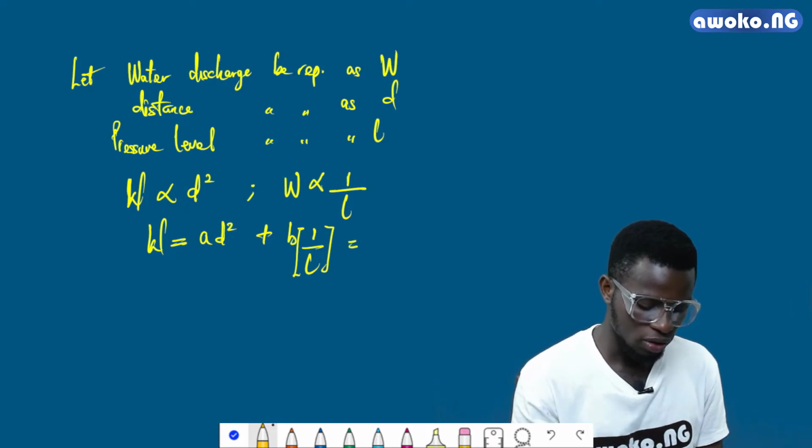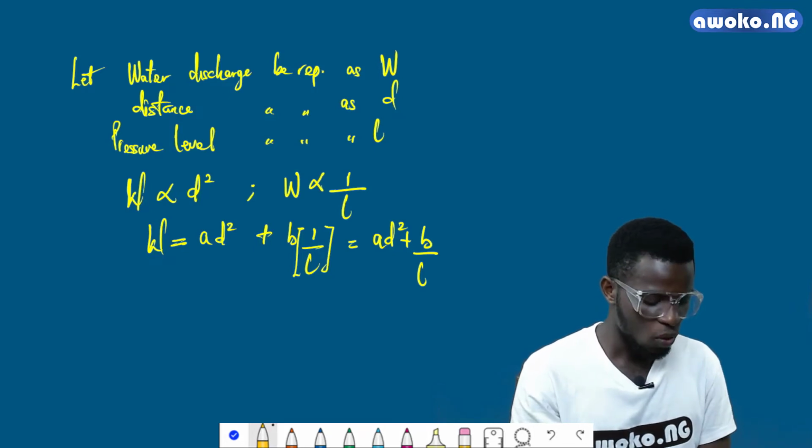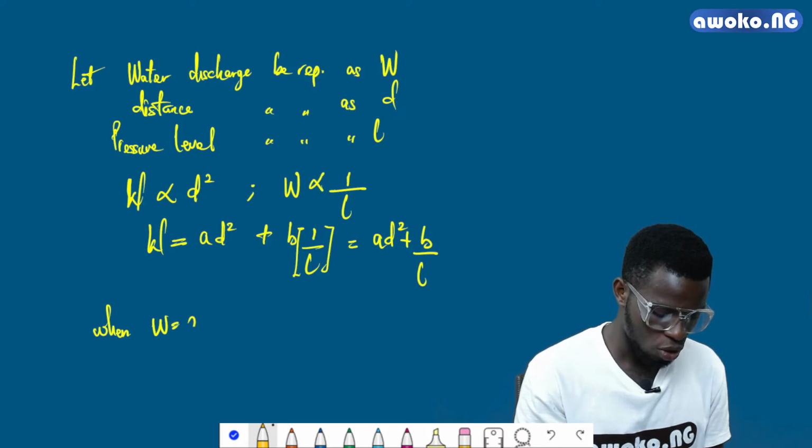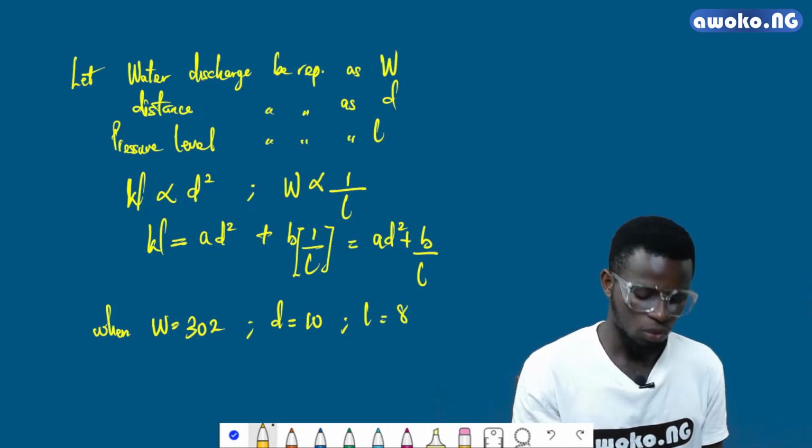So this will give us W equals AD squared plus B over L as the relationship between them. Okay, now what is the next thing to do? We're told that when W was 302, D gave us 10, and L, the pressure level, was 8.